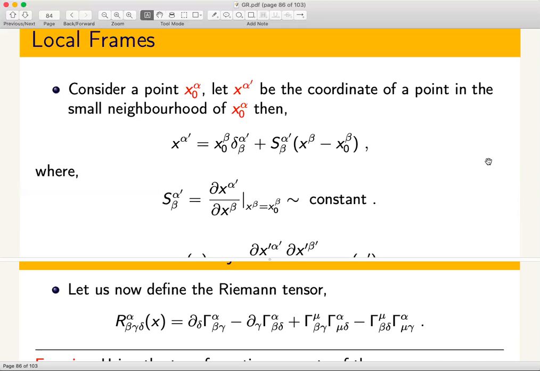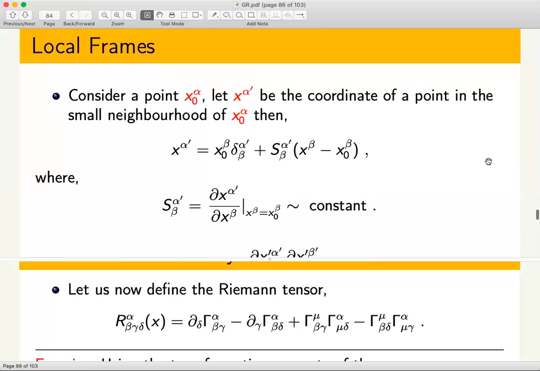But the coordinates that I use at a point in the neighborhood, I could use a different choice of variables. Imagine x0 alpha, that alpha is Cartesian, but x alpha prime, that alpha prime is some polar coordinates. But it's in the neighborhood of it. I just want to make a distinction there.